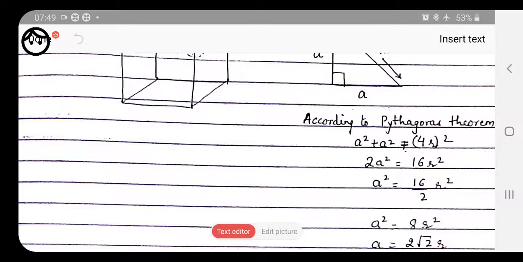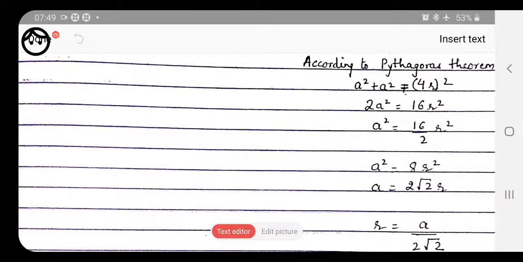So here we can also write it as a square plus a square is equal to 4r square. On simplifying this, we get 2a square is equal to 16r square, and a square is equal to 16 upon 2r square. On simplifying, we will get a square is equal to 8r square, and we can also write this as a is equal to 2 root over 2r.